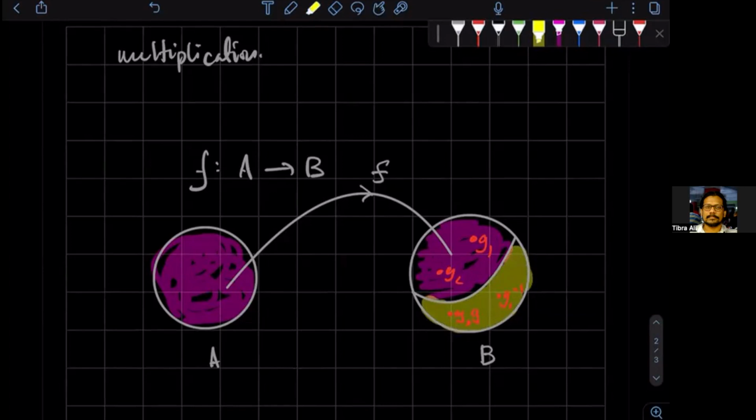If the purple area is the image of F, then the yellow area is something that people from planet A never see, it's like the dark side of the moon. This map never takes us to the yellow area, right?